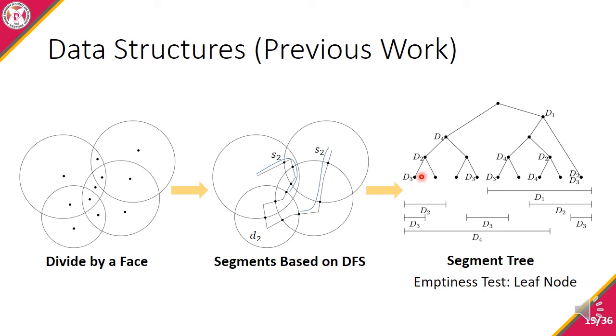There is a one-to-one correspondence between each leaf node and each face of the inflated arrangement. This means each leaf node represents an emptiness test. So each emptiness test brings the intersections in its node and its ancestor nodes and applies convex programming.